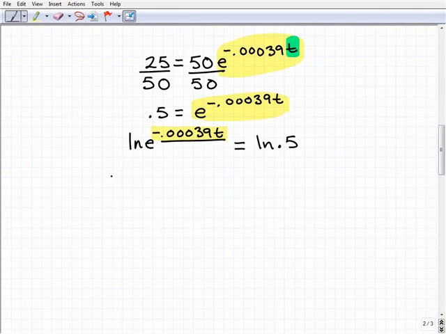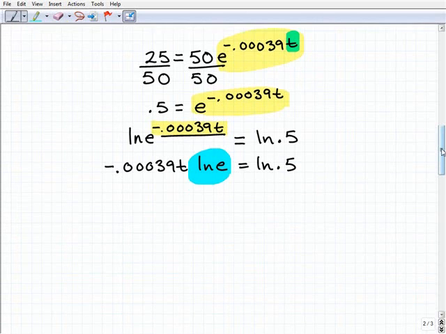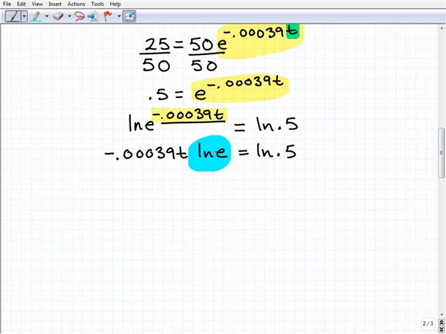And this is going to be negative 0.00039 t ln e equals ln 0.5. Now what? Basically, you should have screamed it out to me: ln e is equal to 1. Get rid of it. That's exactly right. ln e is equal to 1, so it basically just goes away.